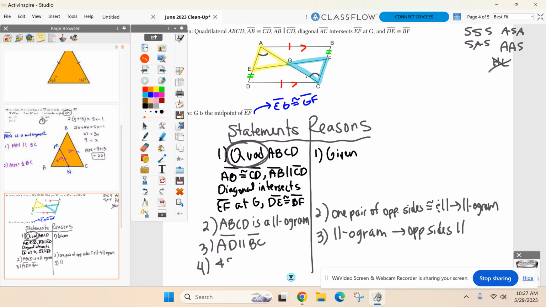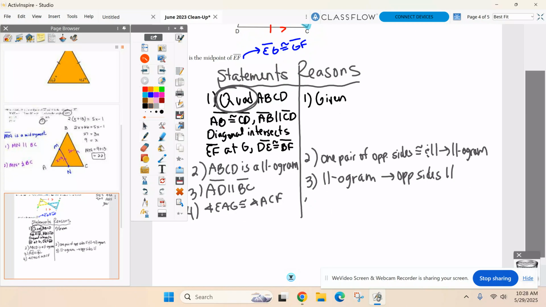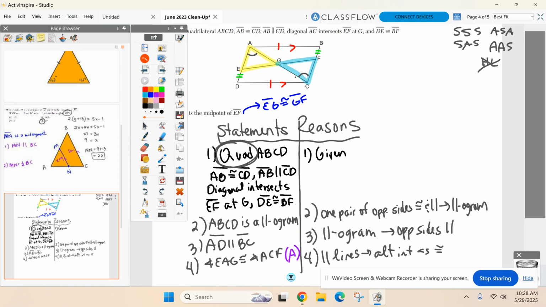So angle EAG is congruent to angle ACF. If I'm doing something or you want me to re-explain it, let me know. Parallel lines imply alternate interior angles congruent. And that gives me my first pair of angles. Done. All right, so I have a pair of angles.